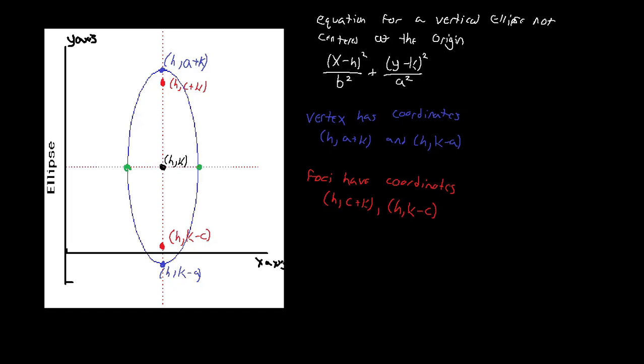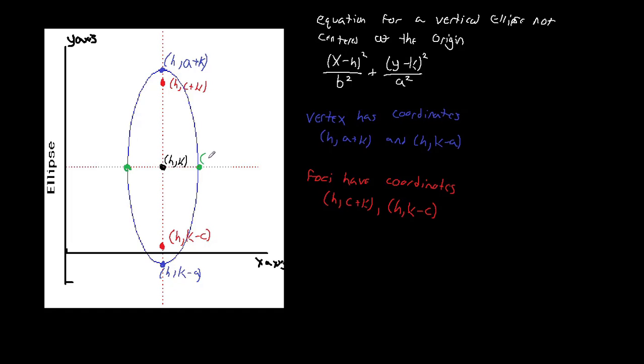Okay, so now we can talk about our co-vertices. Our co-vertices are the place where the ellipse hits the minor axis, which is the axis that cuts the ellipse in the shortest direction. So to get to here, we go over h, and we also go over b, which is what we defined as that distance.